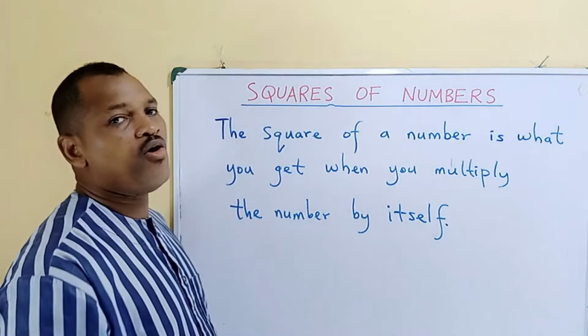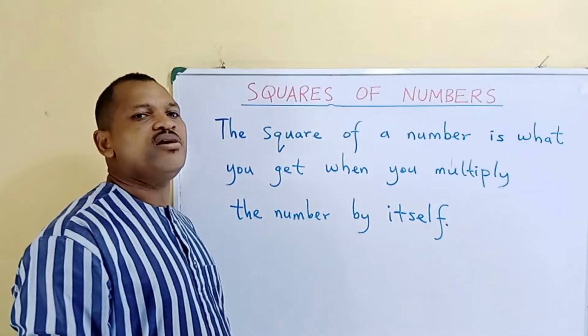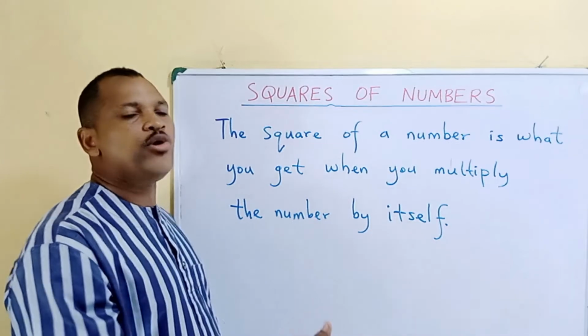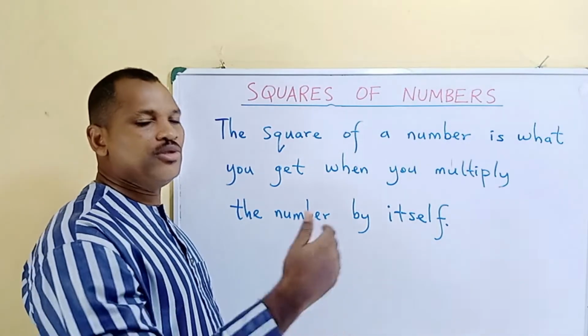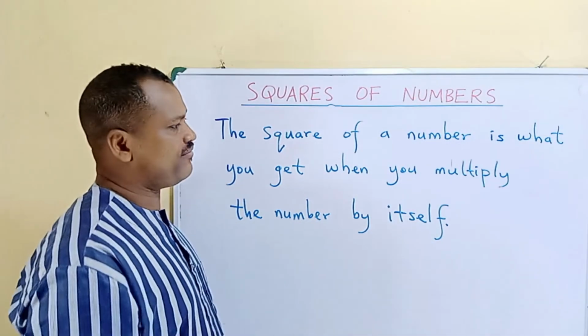So the square of a number is what you get when you multiply the number by itself.